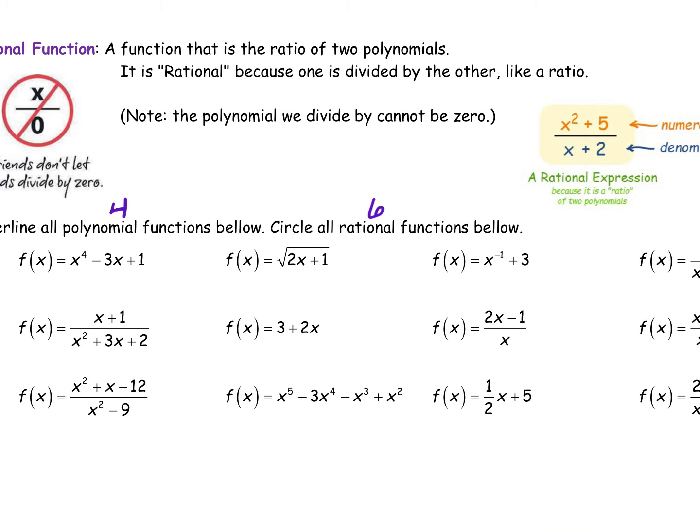So there should be 4 polynomial functions and 6 rational functions in your circling and underlining.